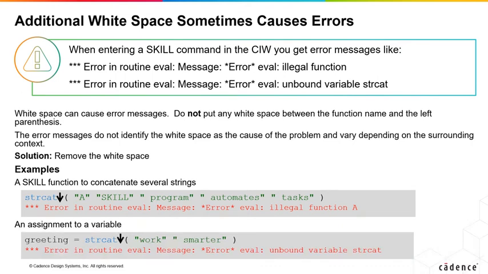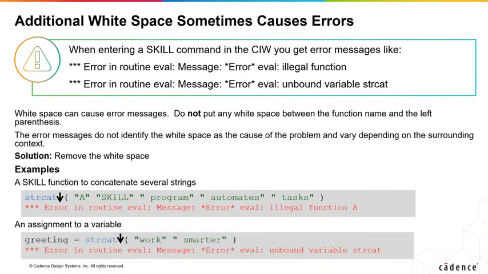Now, here's basically the same error, but in a little different context. We're assigning the result of strcat to a variable. So we're saying greeting equals strcat work smarter. And we've left the white space in there as an error. And rather than giving us the error that we saw in the previous example, it's saying unbound variable strcat.